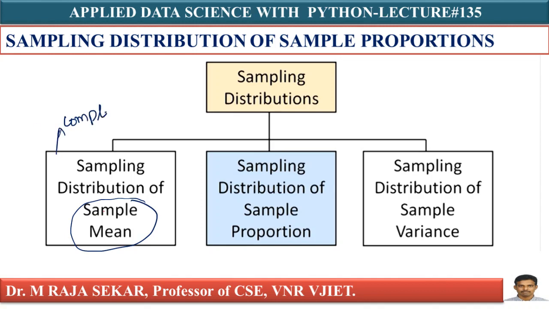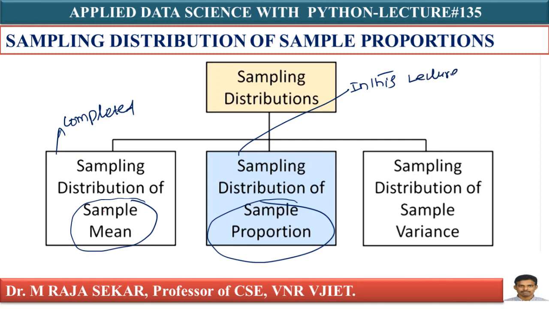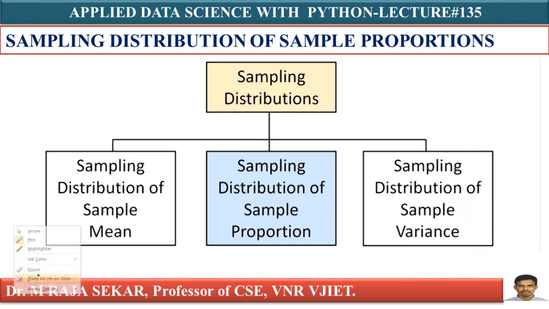Second is the sampling distribution of sample proportion, which we will discuss in this lecture. The sampling distribution of sample variance I will discuss in the next lecture, lecture number 136.